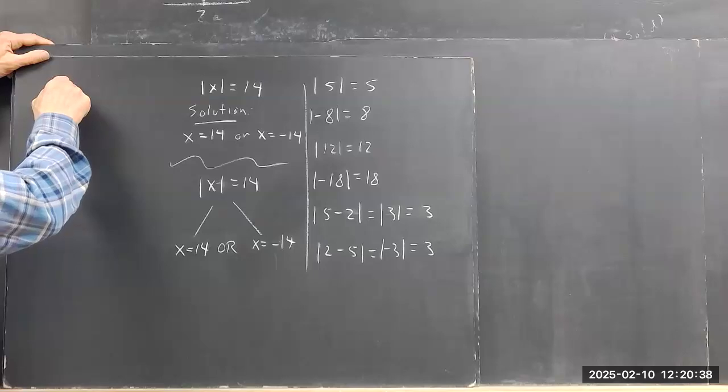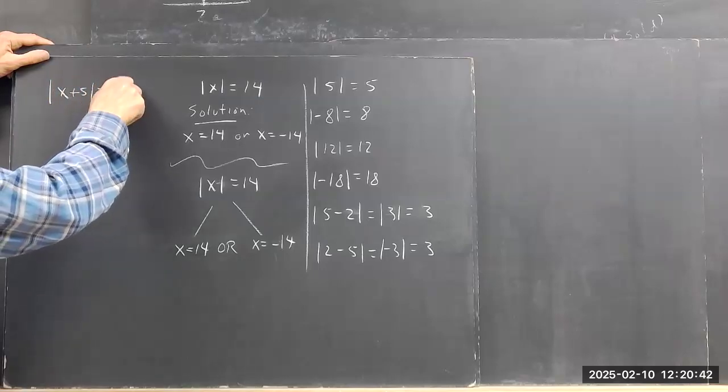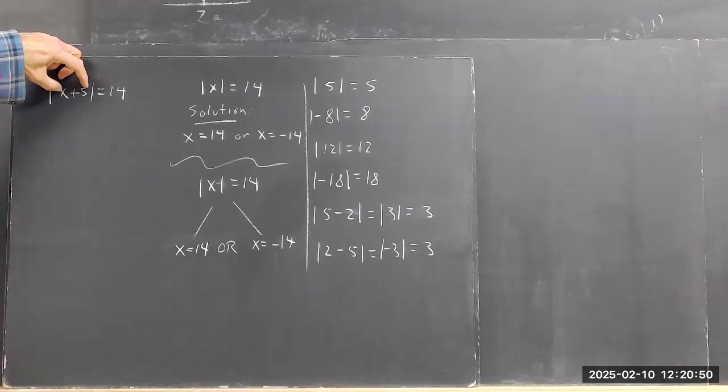For example, let's say we have the equation the absolute value of x plus 5 equals 14. This breaks into 2 equations. What has to go inside the absolute value sign? It has to be 14, or -14, I'm sorry, 2 possible values. If you have 14 in there, it's true. If you have -14 in there, it's true.